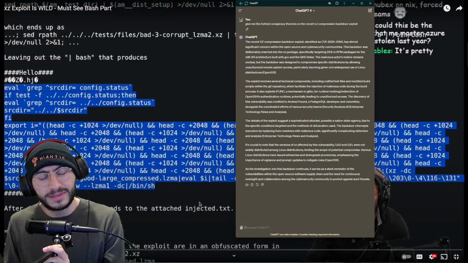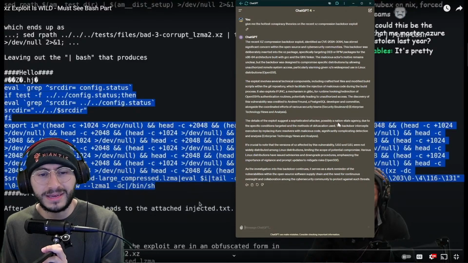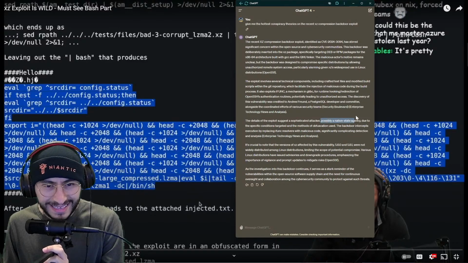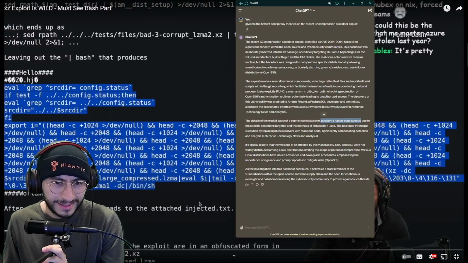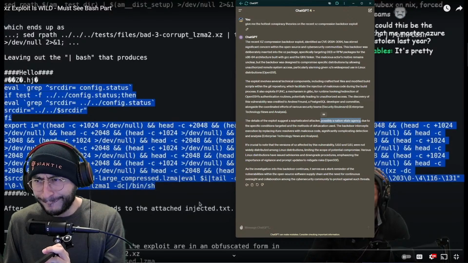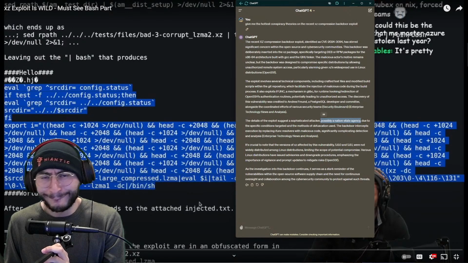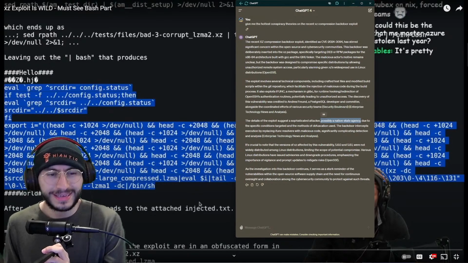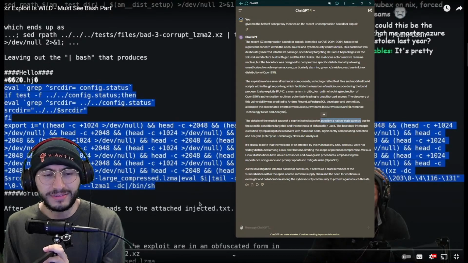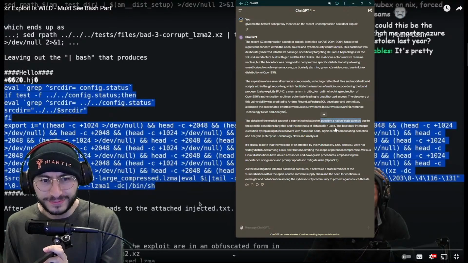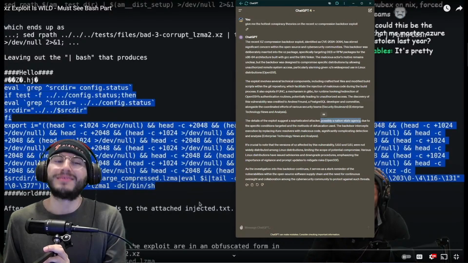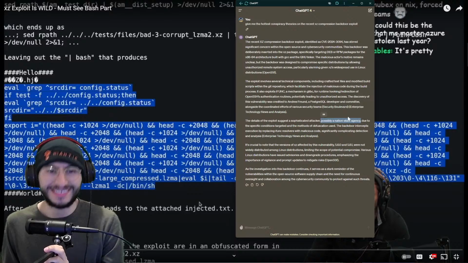The details of the exploit suggest a sophisticated attacker, possibly a nation-state agency, due to the specific conditions targeted and the methods of obfuscation used.